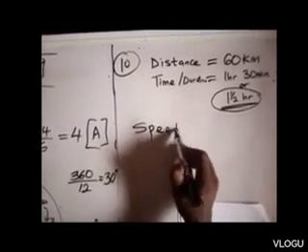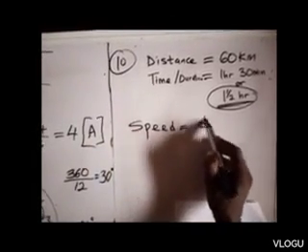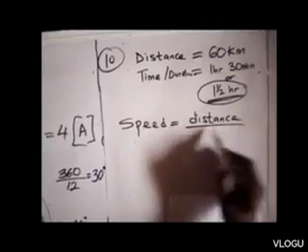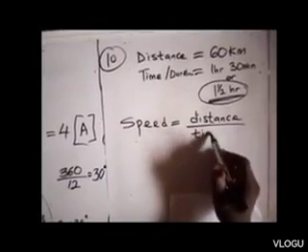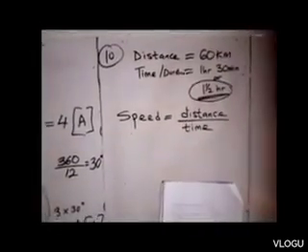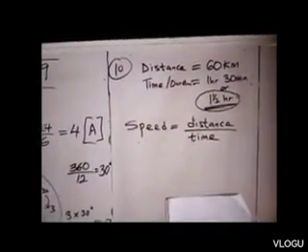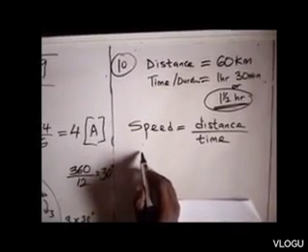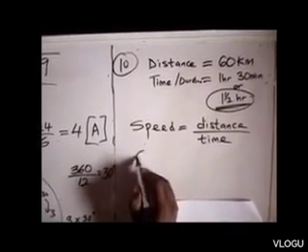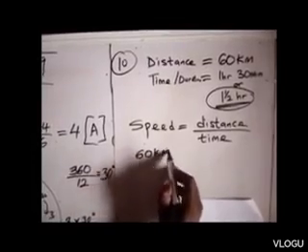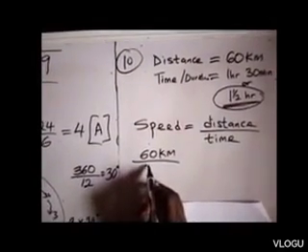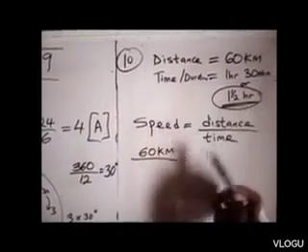To calculate speed, it is distance all over time taken. So distance over time. The distance there is already in kilometers, so I will just use that straightforward. 60 kilometers all over the time. Let me call it 1.5 hours.